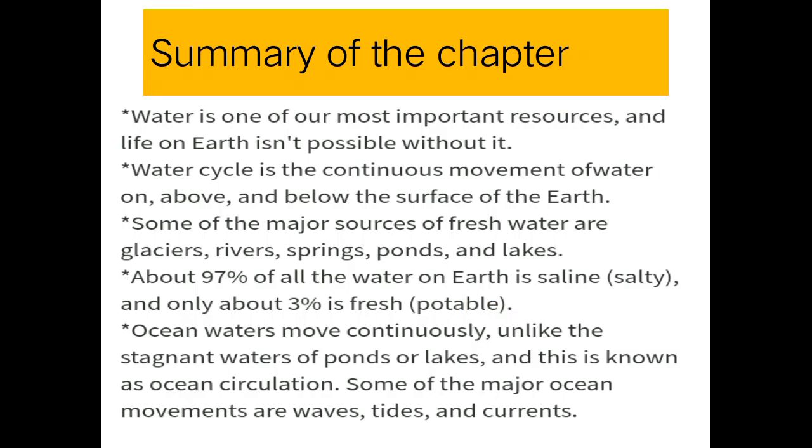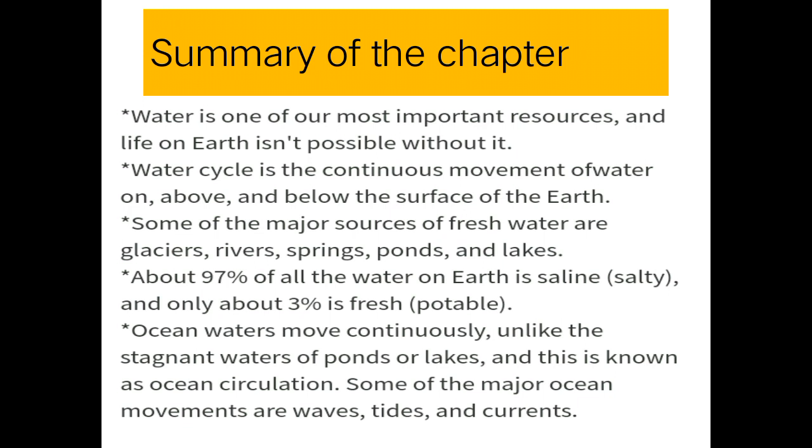Now, let's understand the summary of the chapter. Water is one of our most important resources, and life on earth isn't possible without it. Water cycle is the continuous movement of water on, above, and below the surface of the earth. It occurs due to the process of evaporation, condensation, and precipitation.